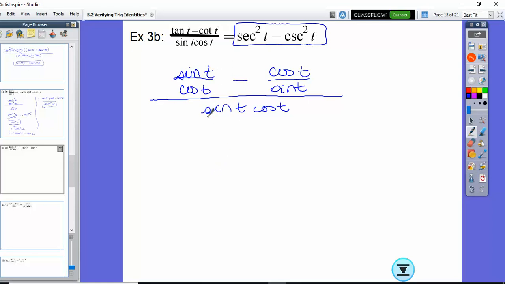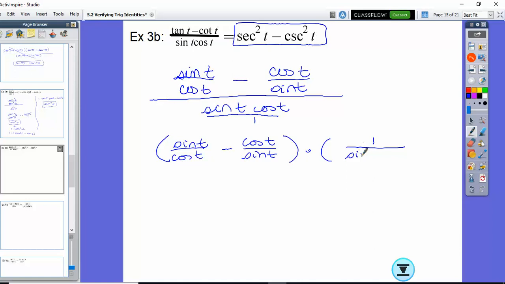Okay, you could think of the bottom as being over 1. Then to divide fractions, we flip and multiply. So I'm not touching the top. Times, I'm going to flip the bottom and make it 1 over sine t cosine t.